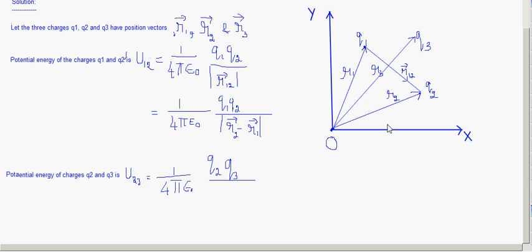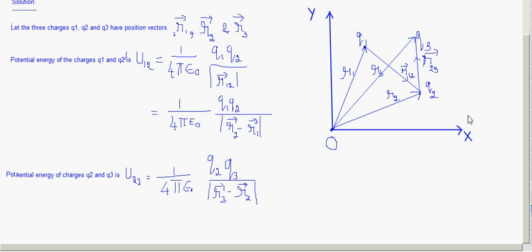The distance between 2 and 3, let us take it as R23. So R23 can be written as the magnitude of R3 minus R2, the difference between the two vectors.